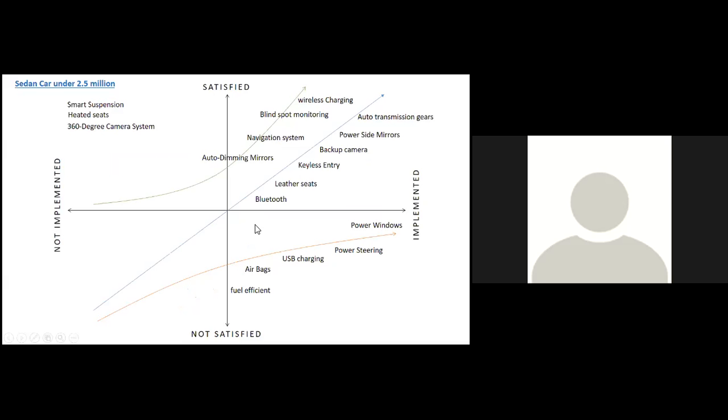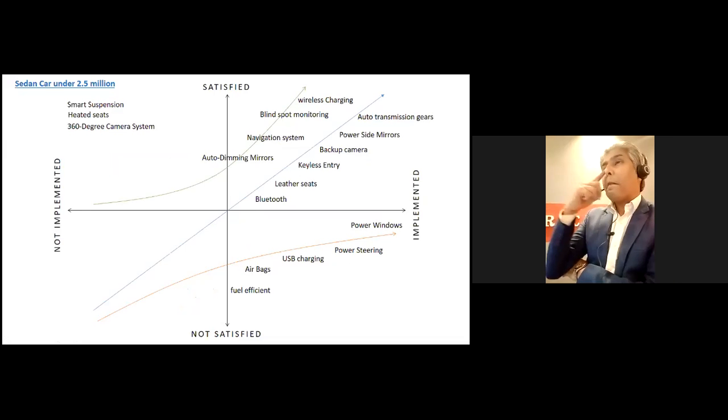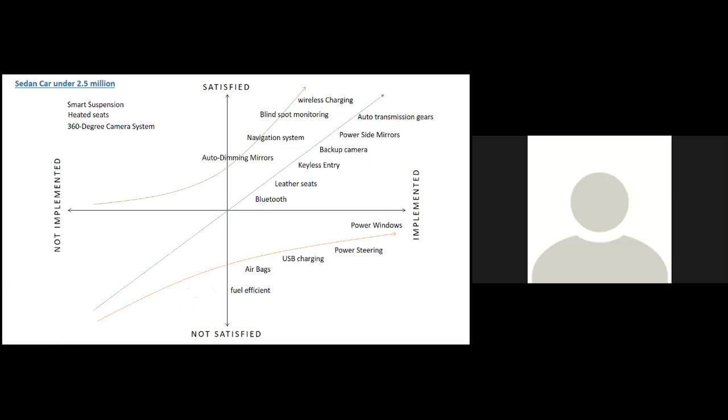Okay. So I have taken a scenario like an automobile company which wants to introduce a new sedan car under 2.5 million. What we did is list down all the features which should be in a sedan car, and then perform a customer based survey.